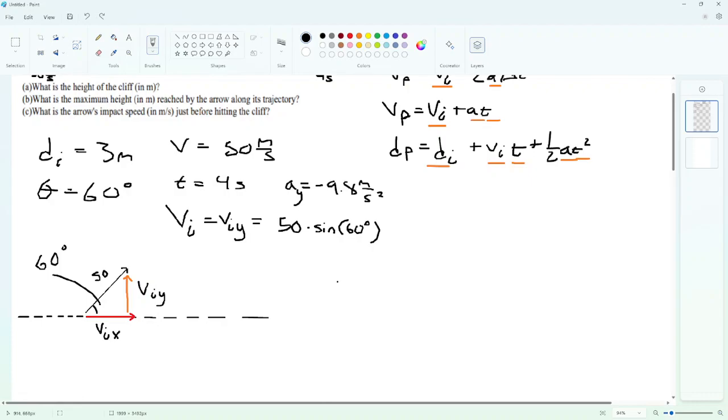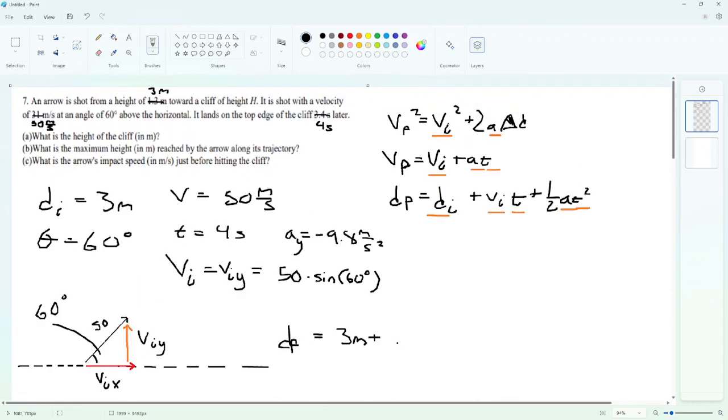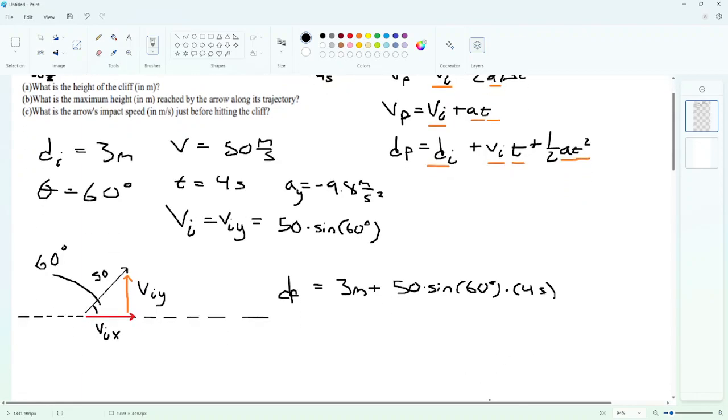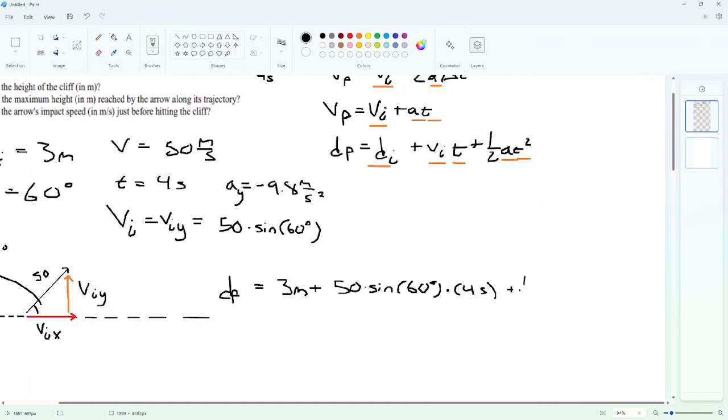So the initial distance is going to be 3 meters, plus its initial velocity, which is going to be 50 times sine of 60 degrees, times t, which is 4 seconds, plus 1/2 times negative 9.8 meters per second squared times time, 4 seconds squared.